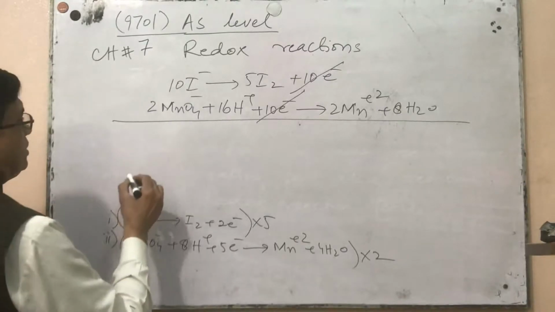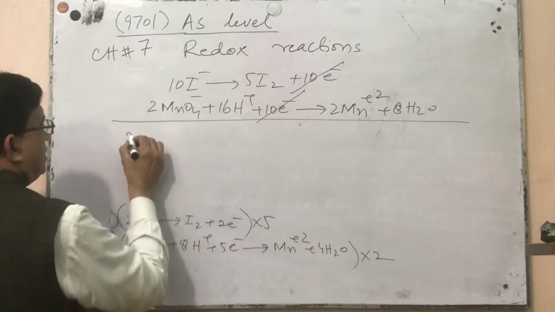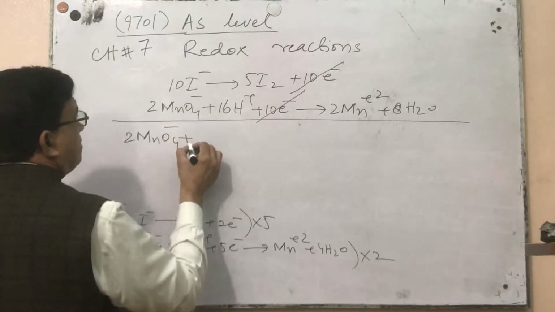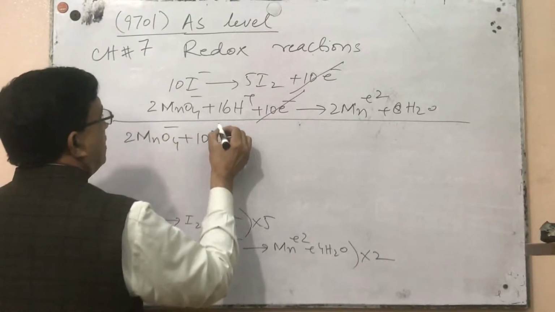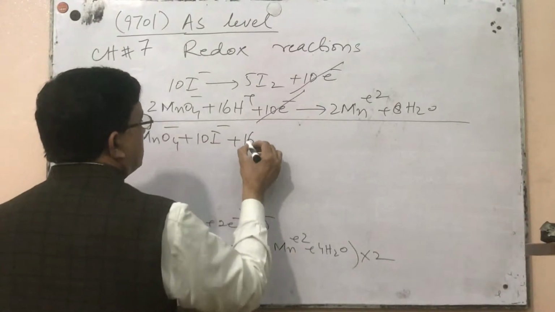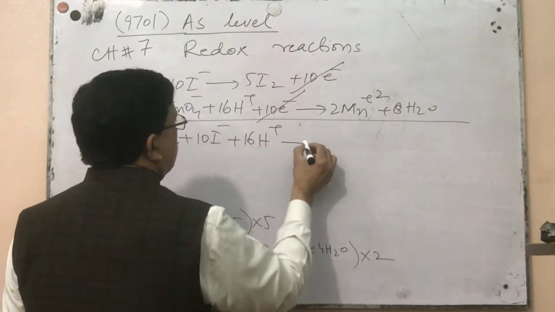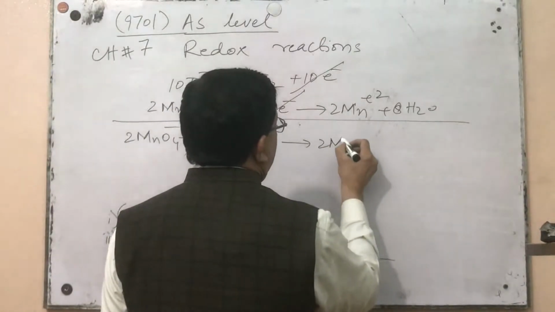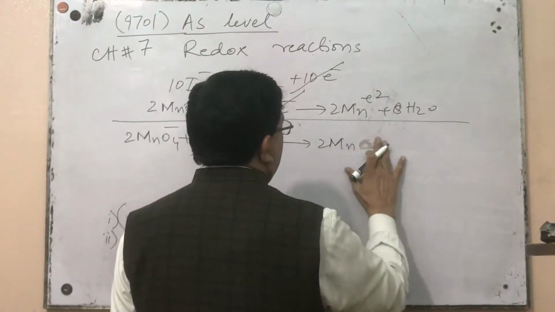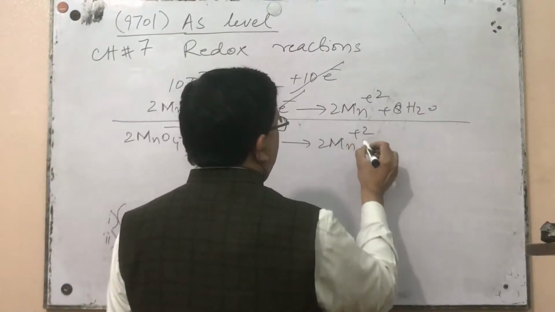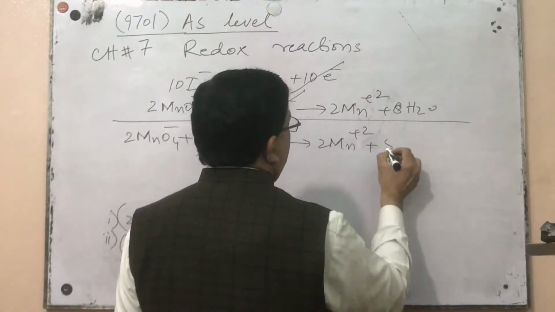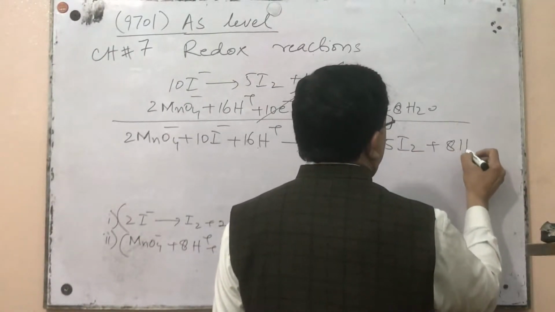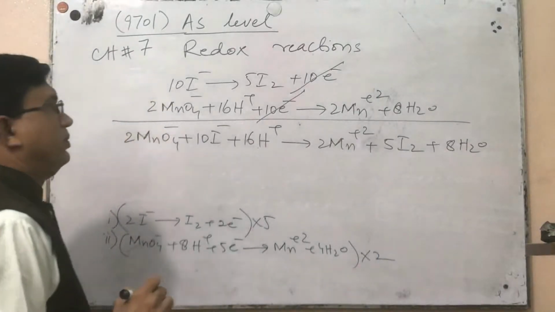What is the overall equation? The overall equation will be 2MnO4⁻ + 10I⁻ + 16H⁺ gives 2Mn²⁺ + 5I2 + 8 water molecules.